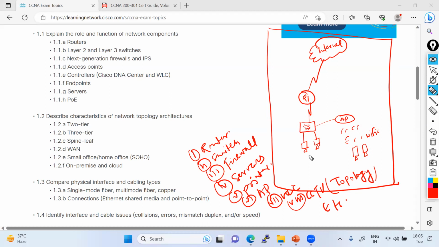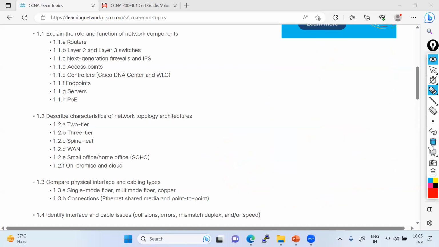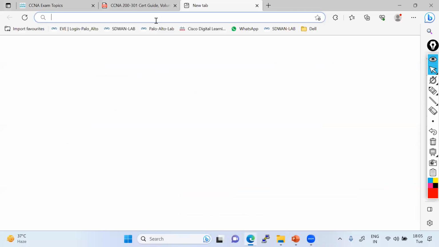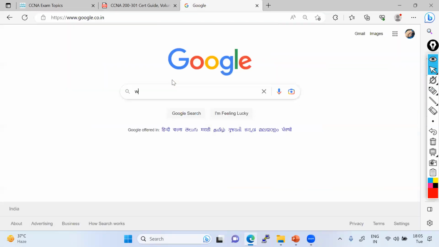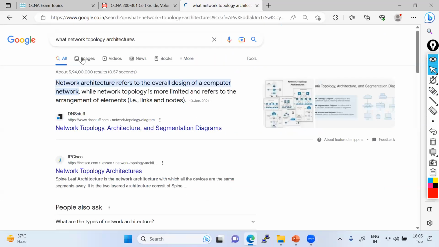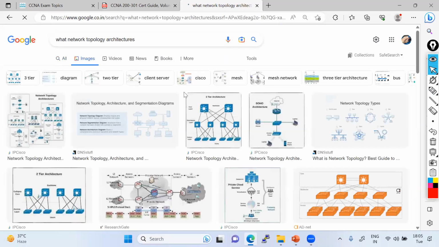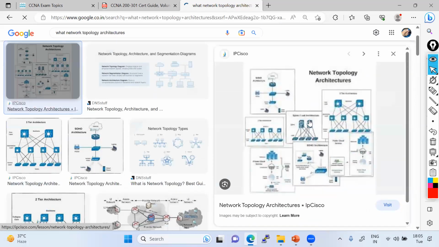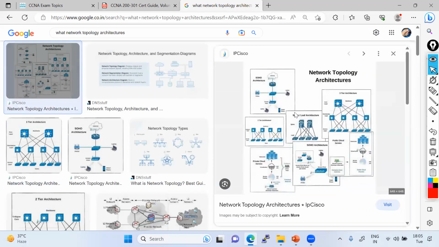Okay, so don't be confused. If you are not able to understand, just copy this, go on Google, and always go with the visualization. You'll see these are the network topology architectures. It is a diagram representation of how devices are connected to each other.